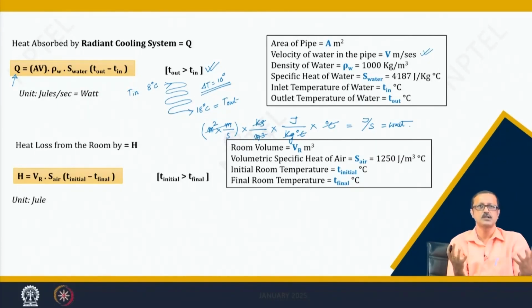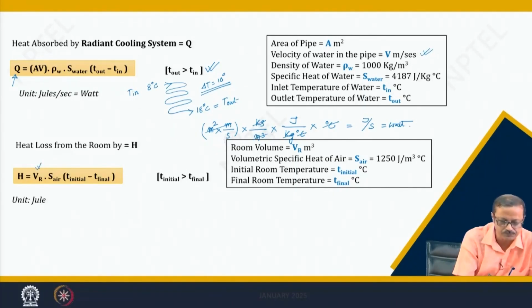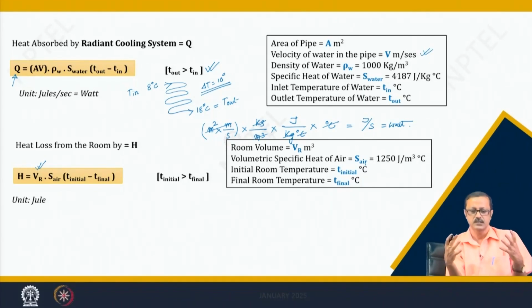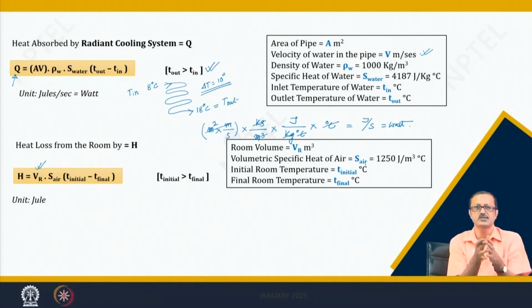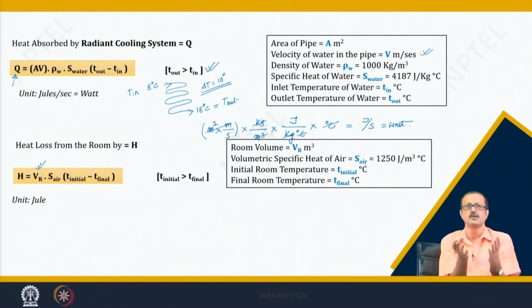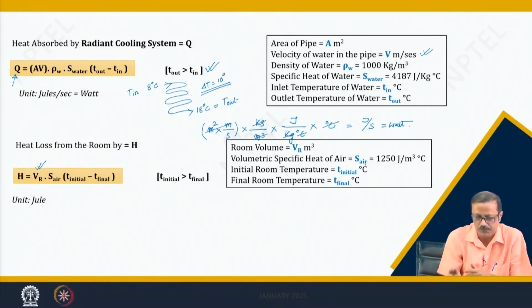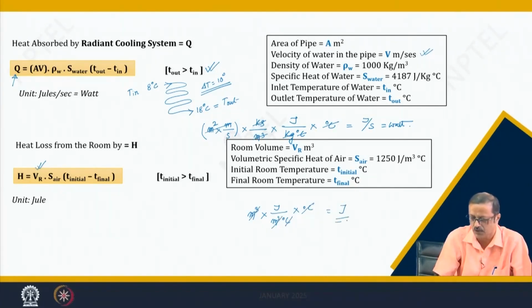VR is the volume of the room, and S air is the volumetric specific heat of the air, that is, how many joules are required to increase the temperature of 1 meter cube of air by 1°. Again doing the unit balance, V is in meter cube, multiplied by joule per meter cube per degree C, multiplied by the temperature in degree C. Finally, I come out with joule, not joule per second here.